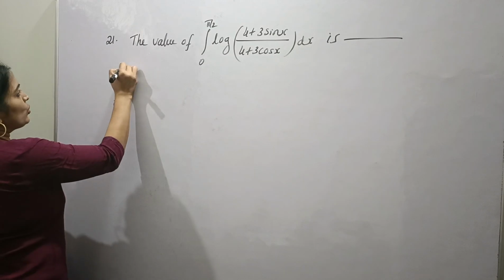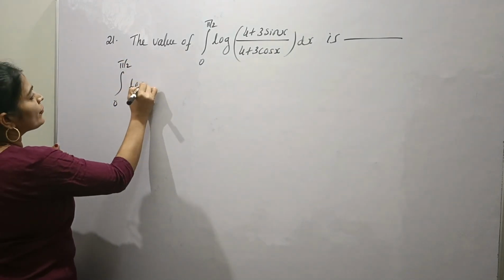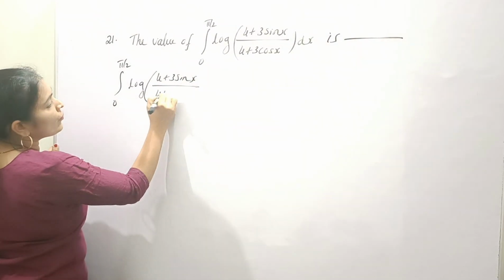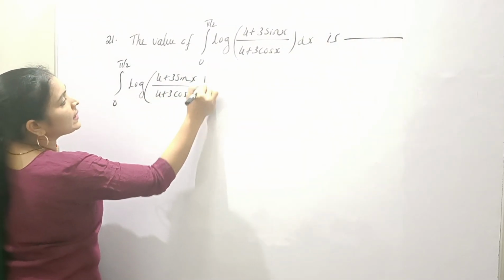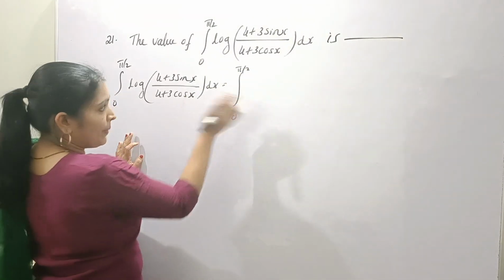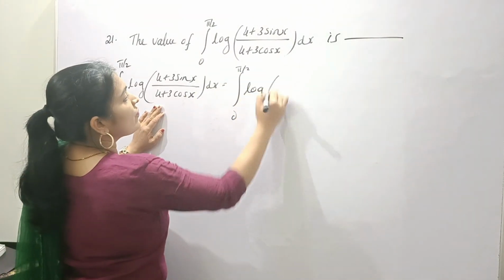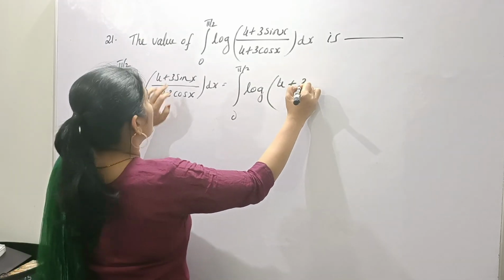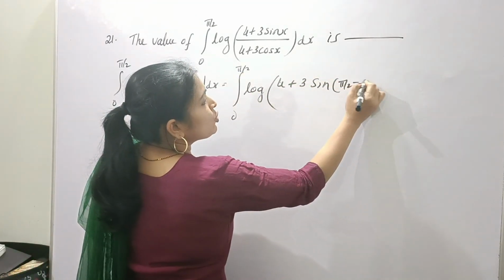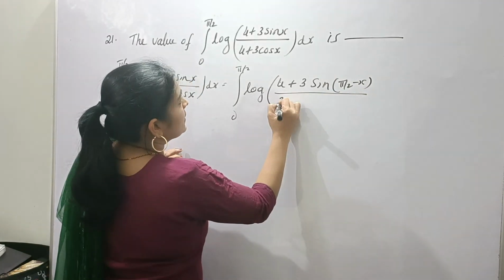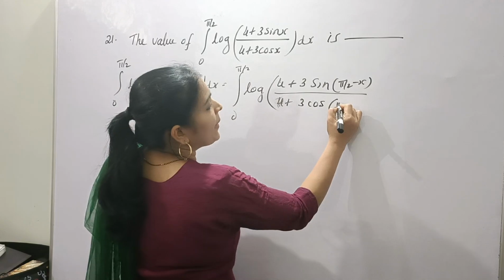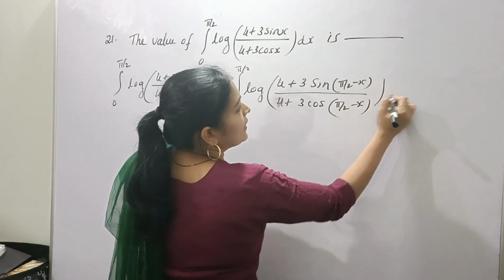So the integral from 0 to pi by 2 of log of 4 plus 3 sin x divided by 4 plus 3 cos x dx is equal to, applying the property, the integral from 0 to pi by 2 of log of 4 plus 3 sin of pi by 2 minus x divided by 4 plus 3 cos of pi by 2 minus x dx.